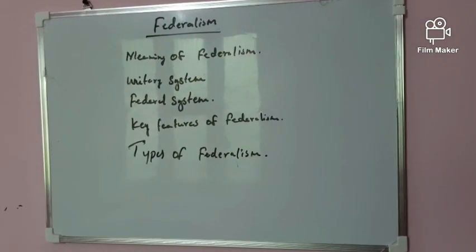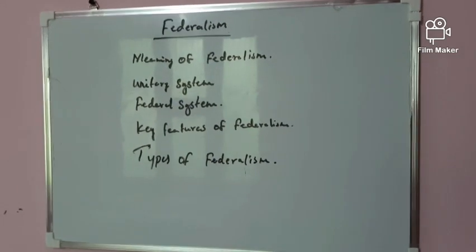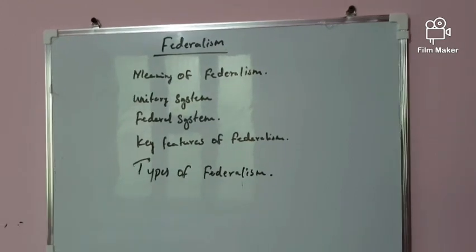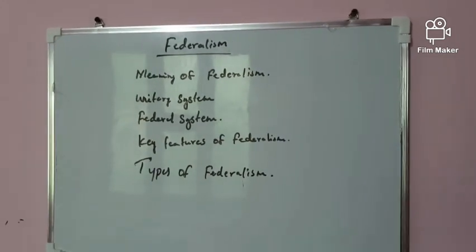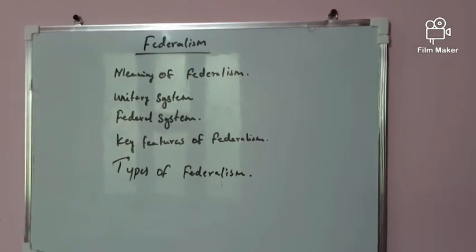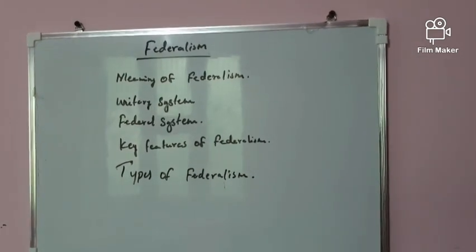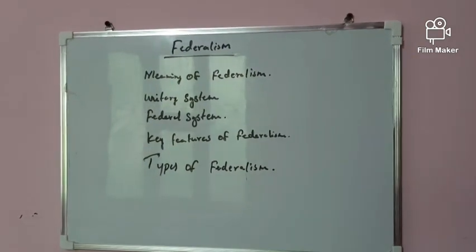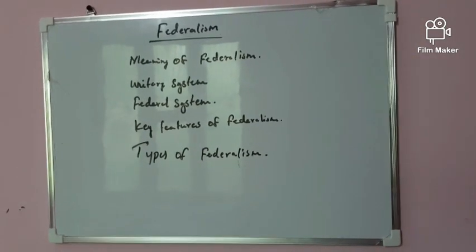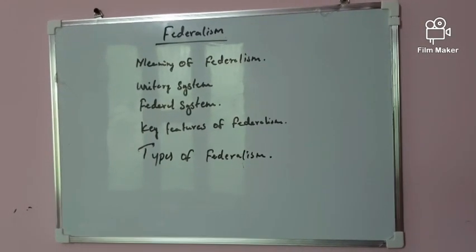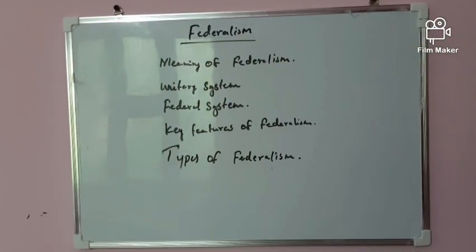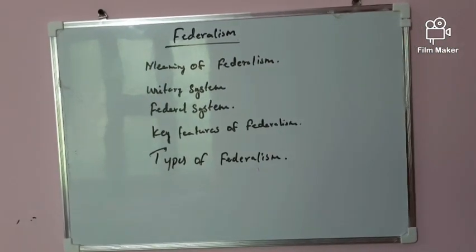Coming together federations are formed in countries like the USA, Switzerland and Australia. In the second route, a large country decides to divide its powers between the constituent states and the national government. That kind is a holding together federation, followed in our own country India, Spain and Belgium.